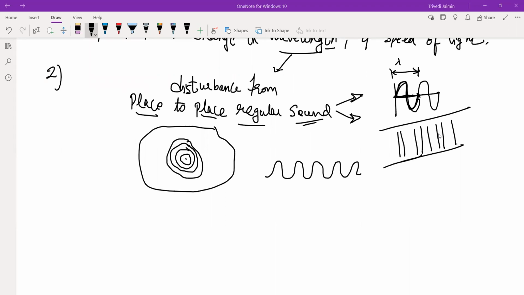Exactly. That vibration is in the form of a wave. If I draw that vibration, it is this way. Let me show you a picture. Wait. Ripple in a lake. See, I got a good picture.